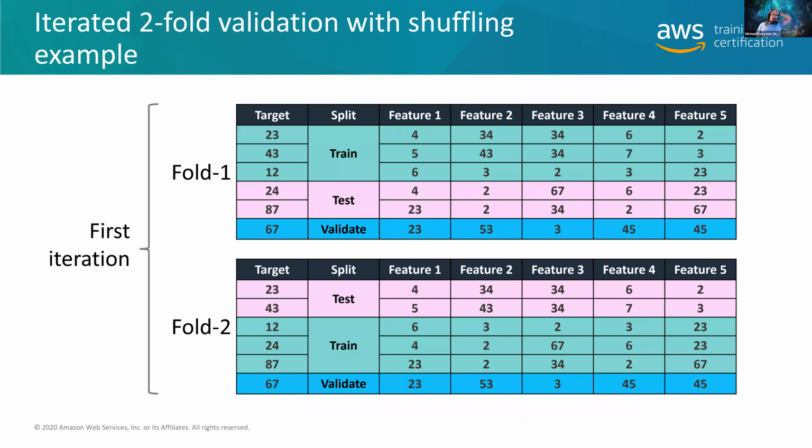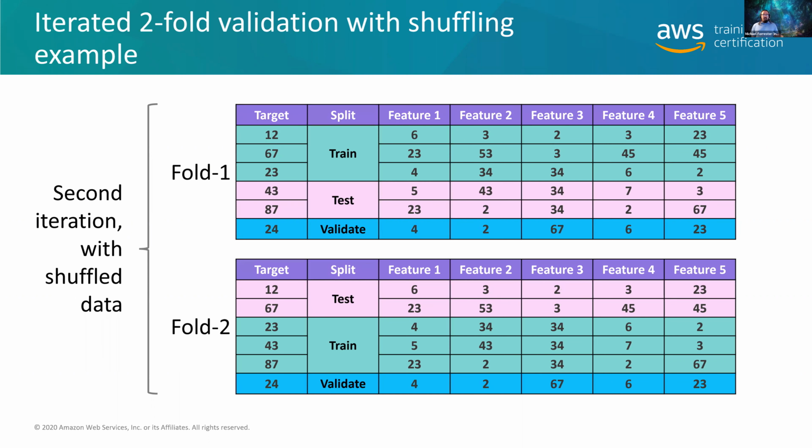Here's an iterated 2-fold validation with shuffling. So in this particular case, this is the first iteration, which shouldn't be shuffling anything. Here's the first iteration. Notice it starts from 23 and ends on 67, so it has the target kind of order, if you will. As we roll out to the second iteration, they've randomized it.